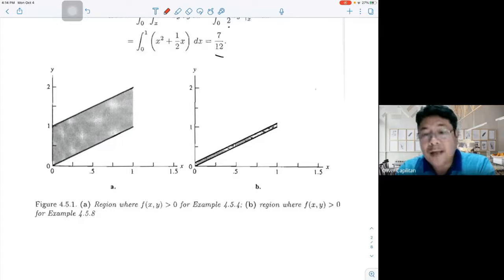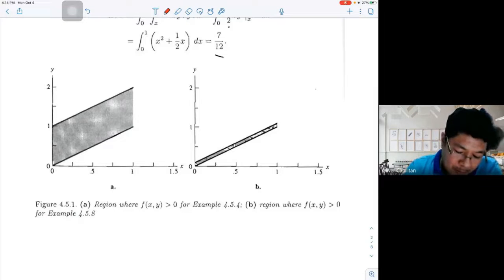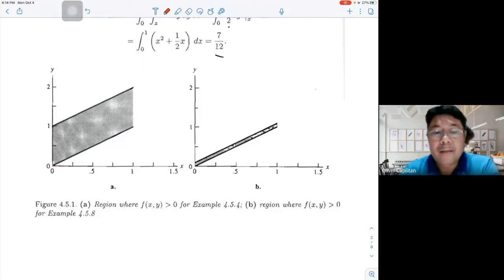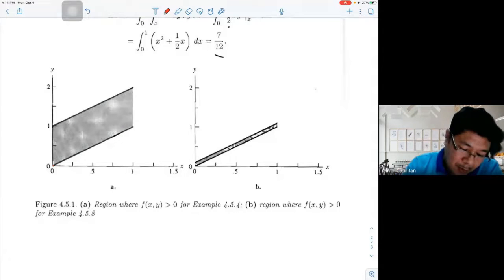So the value of x is from 0 to 1. When x is 0, the value of y is between 0 and x plus 1, so 0 to 1. When the value of x is 0, we have two possible values for y: y equals x, and y equals x plus 1.